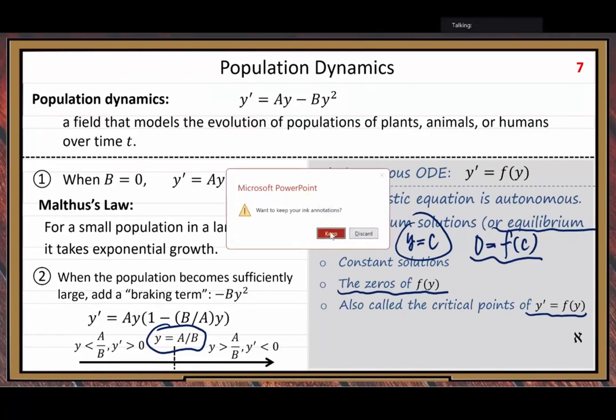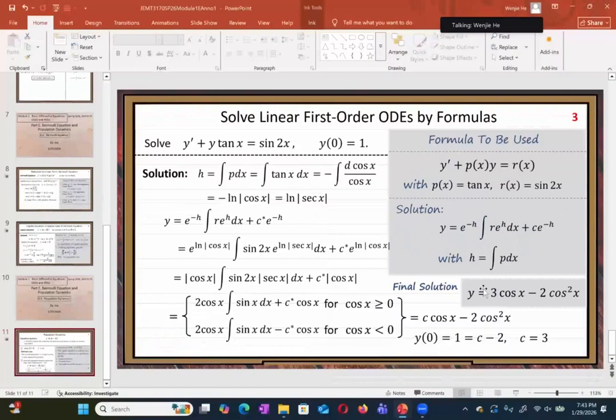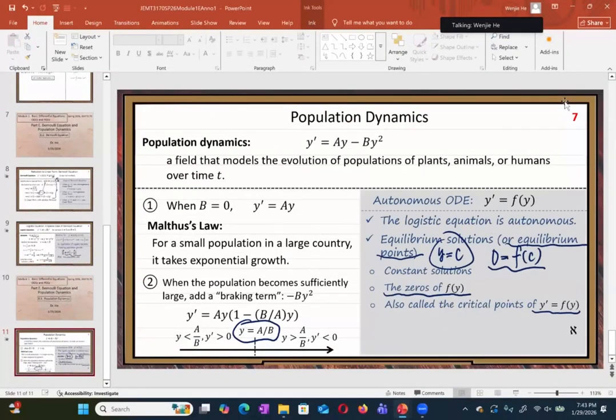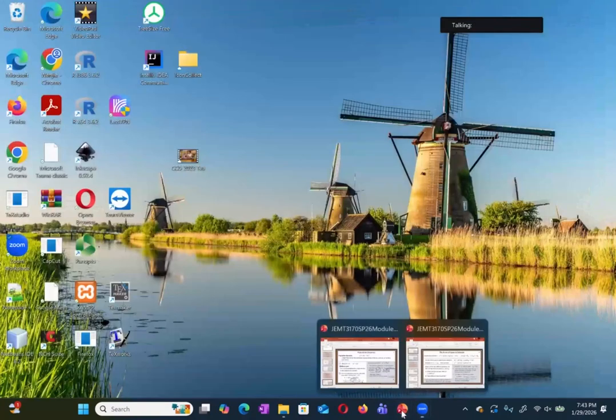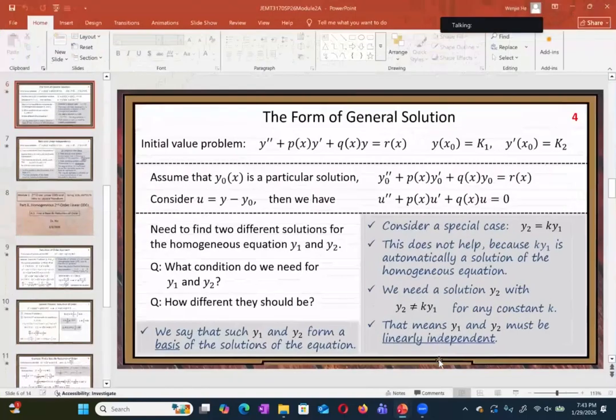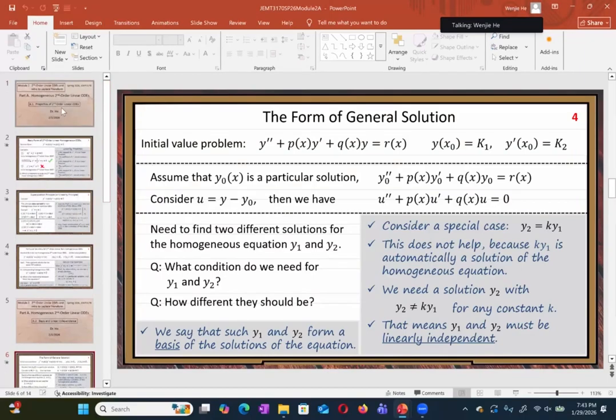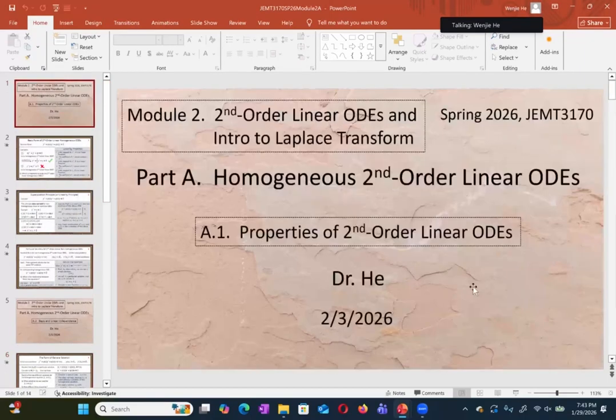Even in 15 minutes, maybe we can do 1 or 2 slides. So this is module 2.